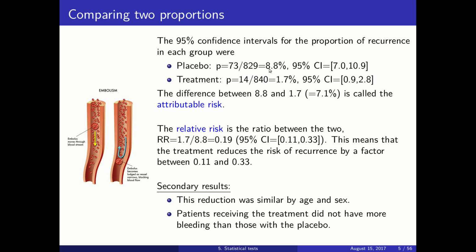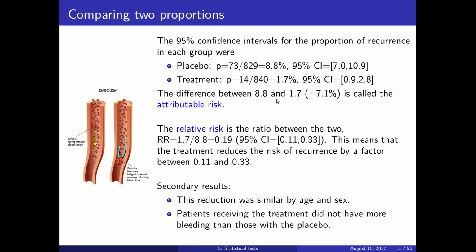This is 8.8%, and the 95% confidence interval is between 7 and almost 11. And for the treatment group, we see that this probability is much smaller, about 4 or 5 times smaller, and the confidence interval is this much.